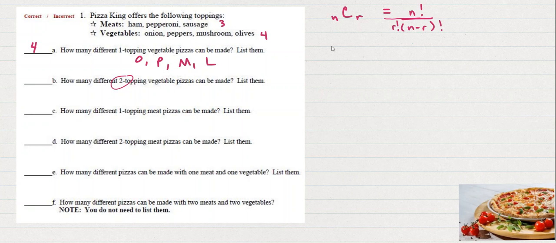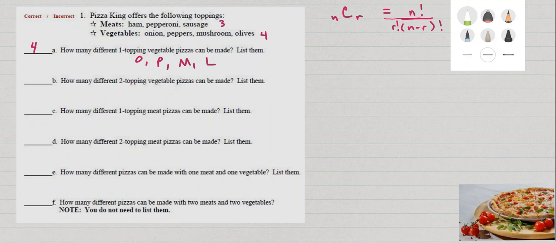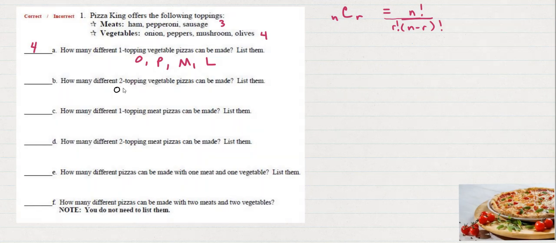So we're going to say how many different ways can I combine each of the different. If I were to just start listing the options, if I started with onion, we could have onion and pepper, onion and mushroom, or onion and olives. Now, those are all the combinations using onions because we're not using a double onion as an option.